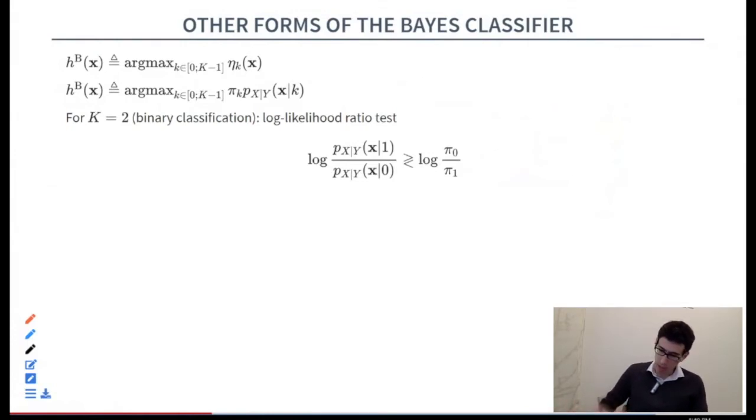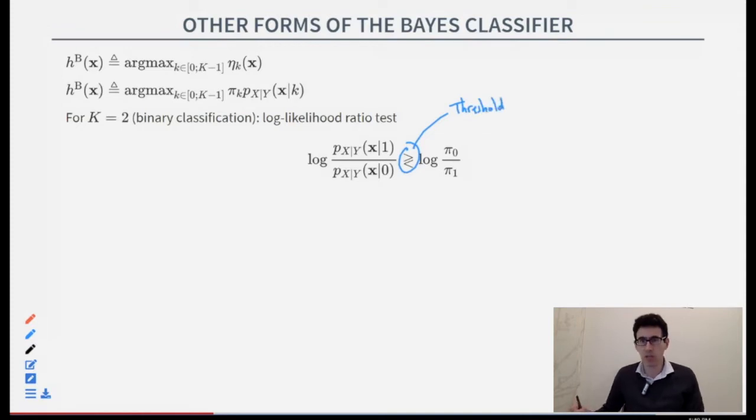So formally, I'm claiming that in that specific case, what you have to do is compute the log likelihood ratio, the log of p(x given y=1) divided by p(x given y=0), and compare it using a threshold, which is the log of pi_0 over pi_1. So that's the weird sign that I am using here. It means I'm using a threshold to decide whether I output 1 or I output 0. I don't think that's a very standard notation, but I find it very convenient.